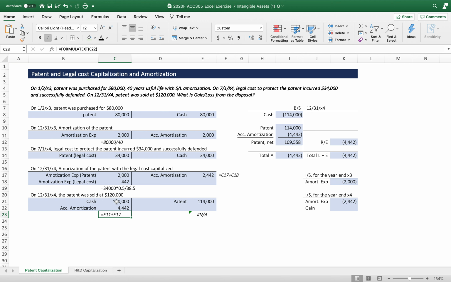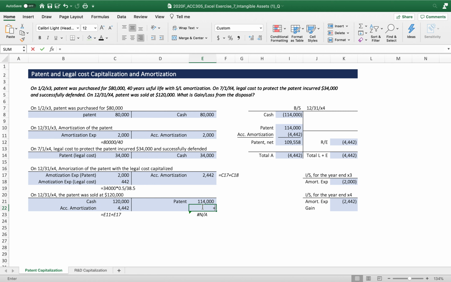Then, which one is bigger? Definitely the cash amount, 120,000, and then the book value. How much is the book value of this patent? 109,558.